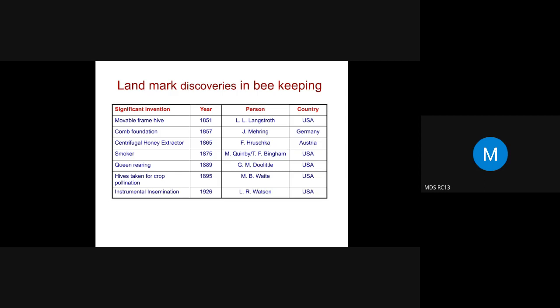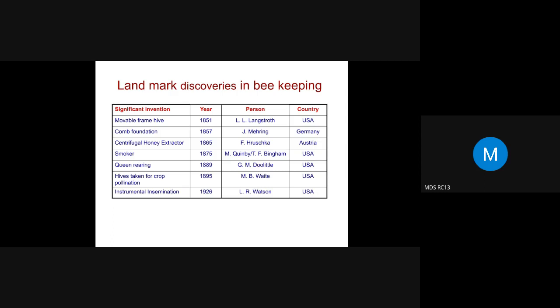The centrifugal honey extractor, which extracts honey from the comb after it is collected in the hive, as I showed in the earlier picture, was invented in 1865, and the smoker in 1875.